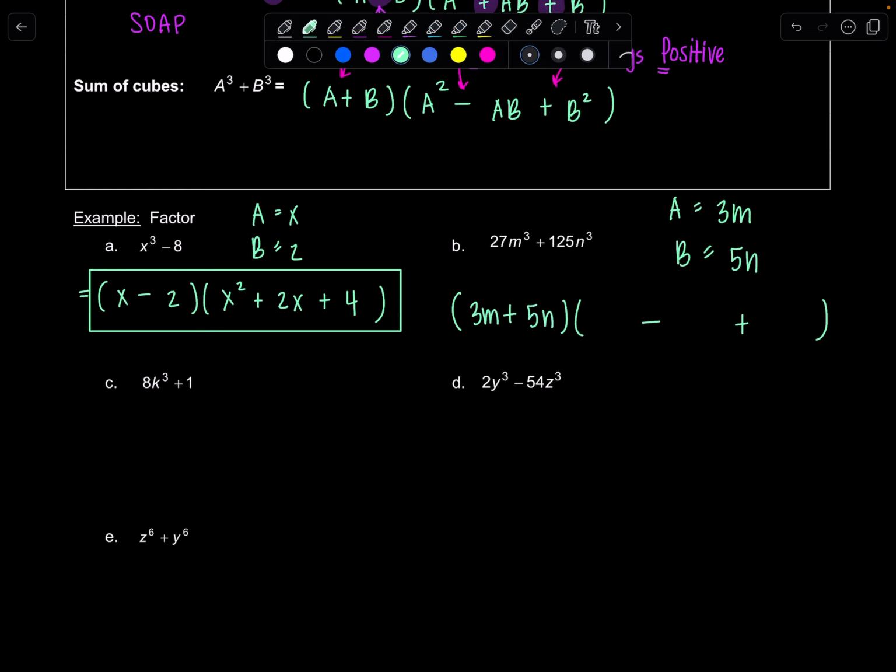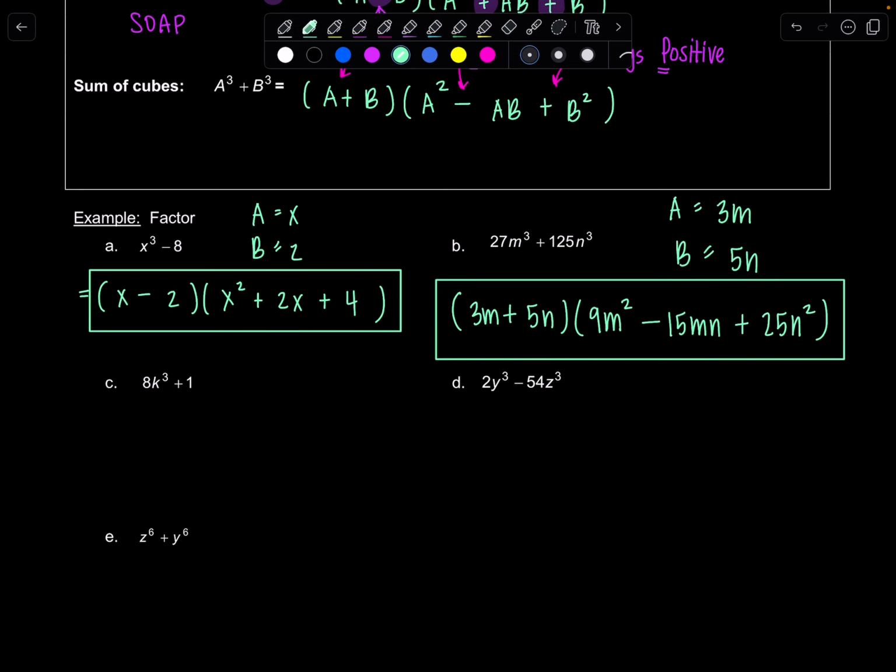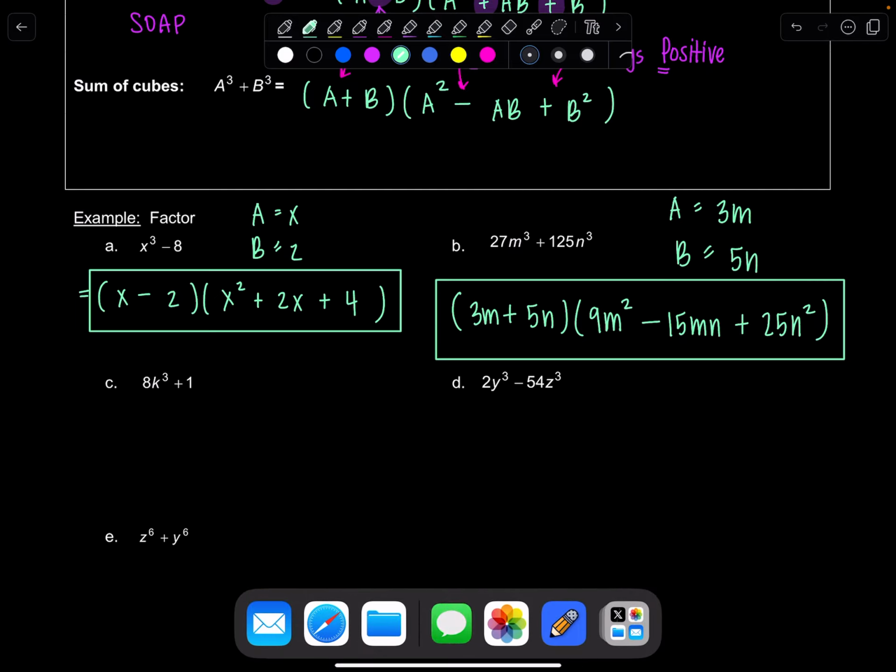Be careful here. A squared is 9m squared. You have to square the 3 also. A times b is 15mn, and then b squared, 25n squared. Very good. Look at you guys. Got it? Ready for the Math Olympics? They don't have it. Okay.